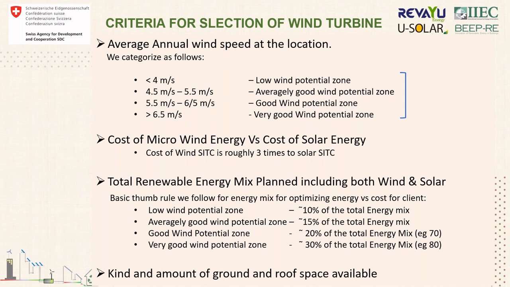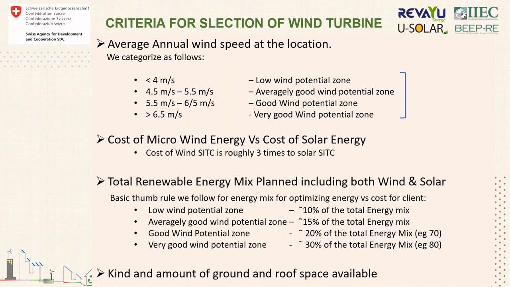We welcome such zones. And between 5.5 meter per second to 6.5 meter per second, it's a good wind potential zone. If we have this kind of wind, we get encouraged and we try to increase the wind part of the energy mix.